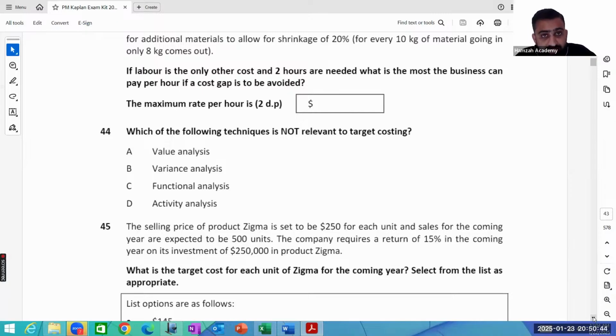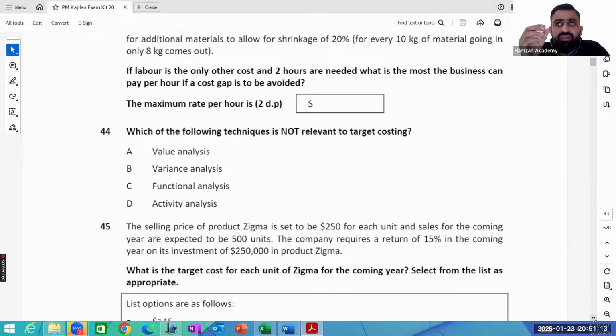The remaining 3 relate to target costing, like value analysis. Value analysis is an analysis which we conduct to identify which features are adding value in a product for which the customer is ready to pay, and which features are not adding value and the customer is not paying anything or does not bother about those features.